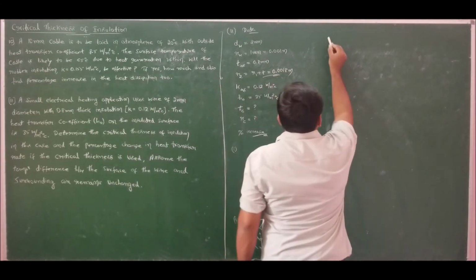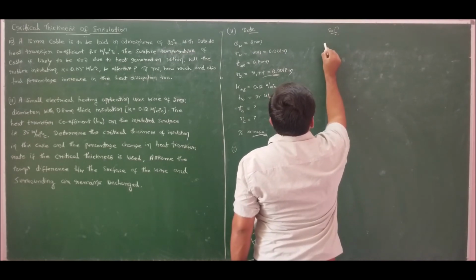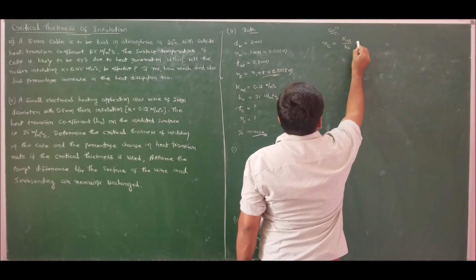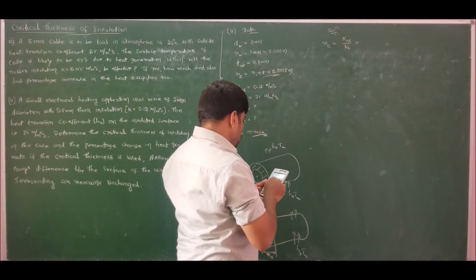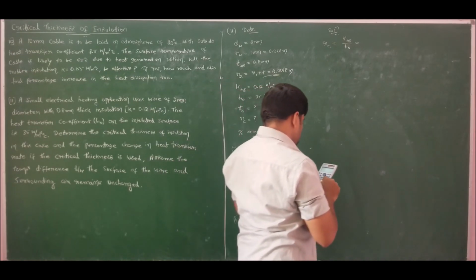Moving ahead for the solution, the critical radius for a cylinder is given by K of insulating material by H naught. So K of insulating material is 0.12 divided by the convective heat transfer coefficient, 35.